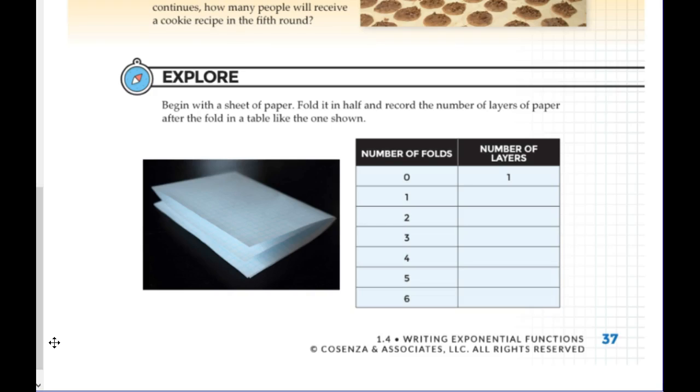Hey, don't say that. All right, I'm just kidding. I counted wrong. So, let's see here. All right, so I got 1, 2, 3, 4, 5, 6, 7 folds.